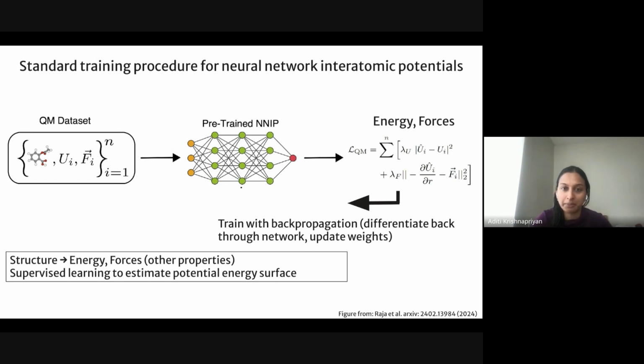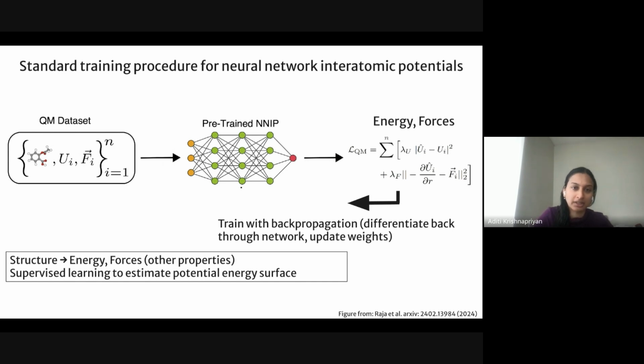You put it through some type of neural network potential. You predict typically the energies and forces, maybe other properties of the system, and you train the model as usual with backpropagation. So often it's this structure to energy, forces, or other predictions type of mapping task where you use this supervised learning setting to estimate the potential energy surface.